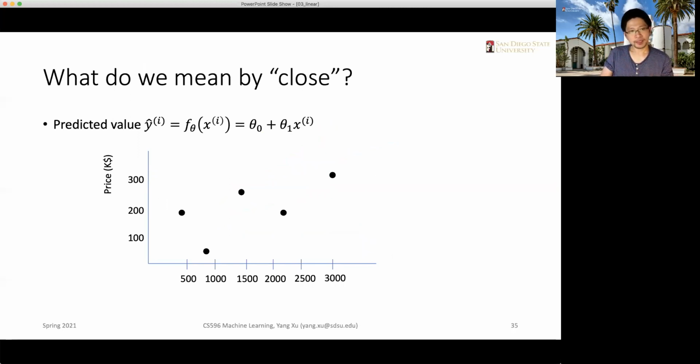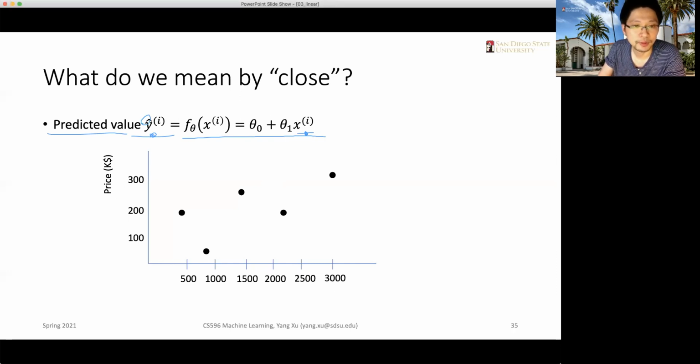So now let's invent some new notation here. We give y a hat, called y hat, and y hat is our predicted value given theta 0, theta 1, and the inputs x_i, which are among the training data sets. This is how our actual data looks.